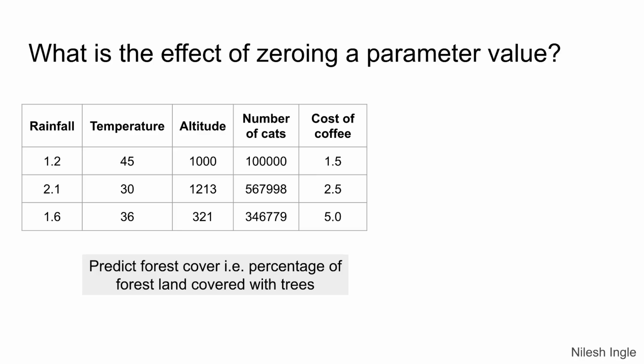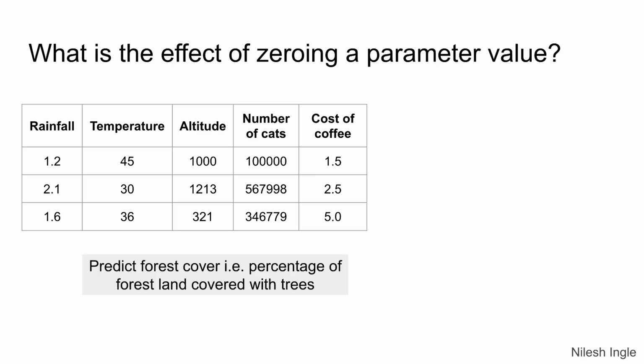Here is a concrete example where we have these five parameters, and let's imagine that we are trying to predict the forest cover, that's the percentage of trees or forest land. Some of the parameters, the first three, rainfall, temperature, and altitude, are definitely important for predicting this.